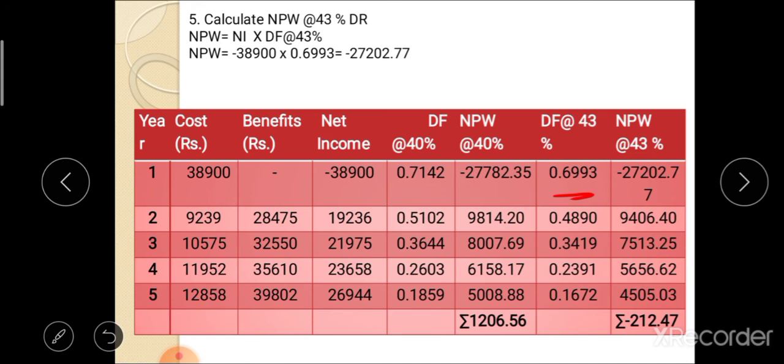Similarly, you have to calculate NPW for the respective 5 years and then finally make the summation of NPW at 43%.